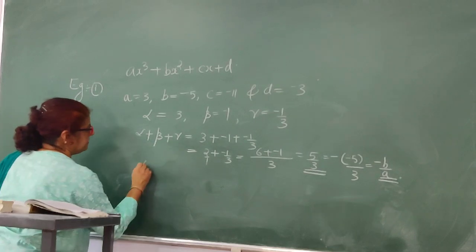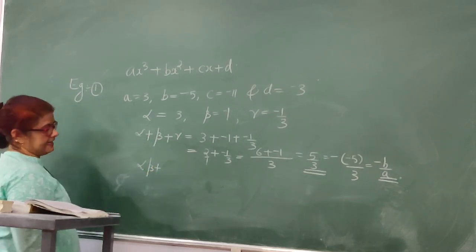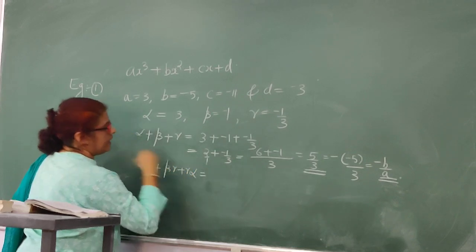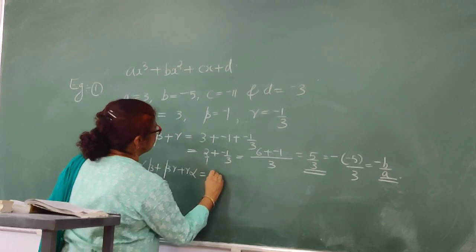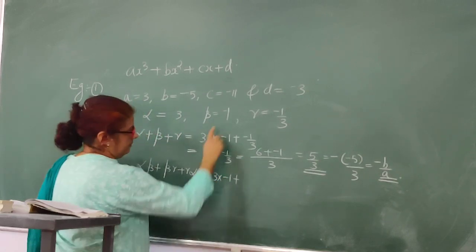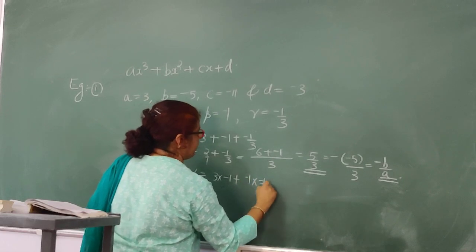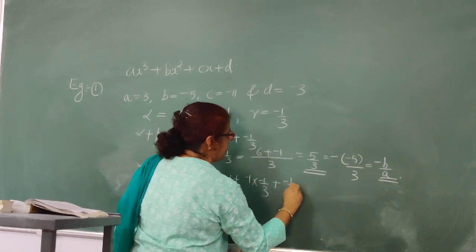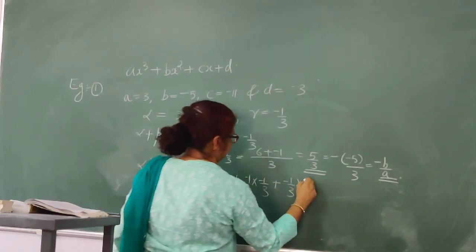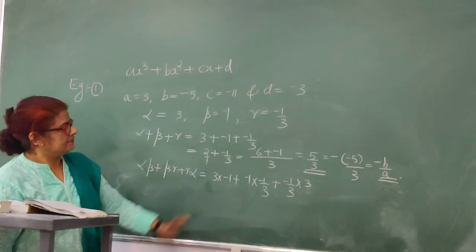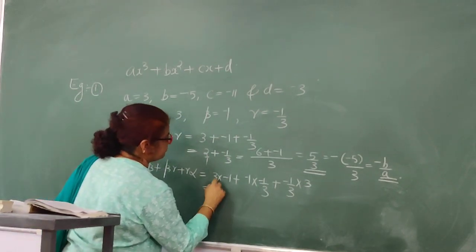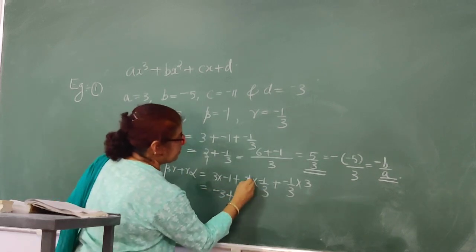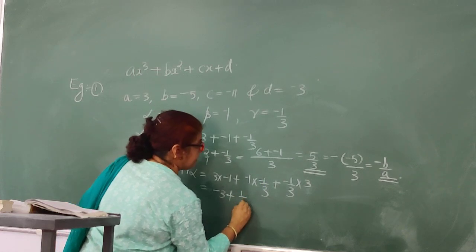Second, sum of zeros taken 2 at a time. Alpha beta plus beta gamma plus gamma alpha is equal to alpha beta, 3 into minus 1, plus beta gamma, minus 1 into minus 1 by 3, plus gamma alpha. Which is equal to minus 3 into minus 1 is minus 3, plus minus into minus 1 is plus 1 by 3.